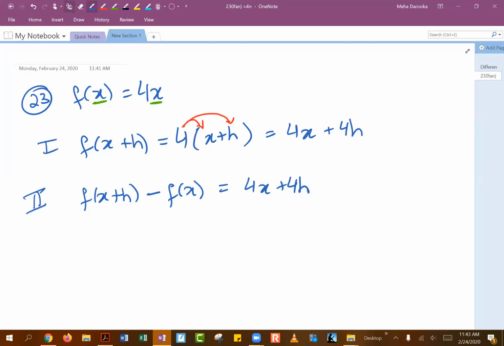Then you are doing minus the original function f of x, which is only 4x, which means you are subtracting the 4x from that first part. And does anything cancel out at this point? Yeah, your 4x will actually cancel each other out, leaving you behind with just the 4h, right?